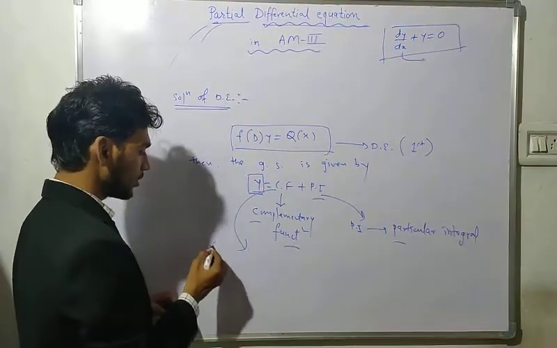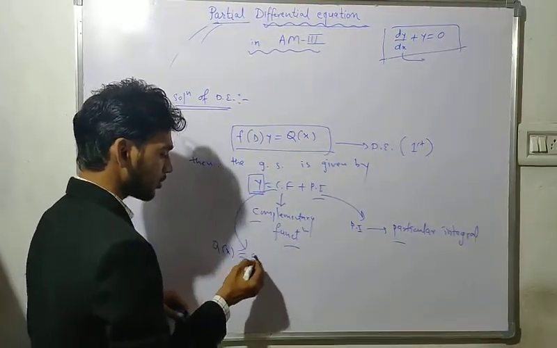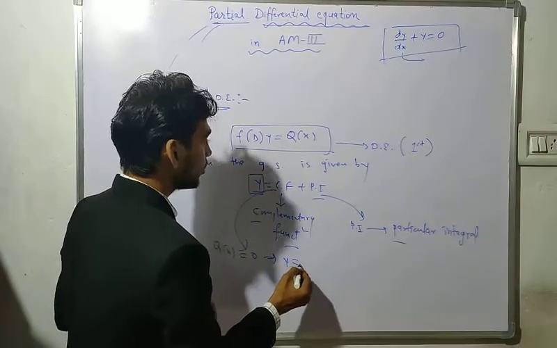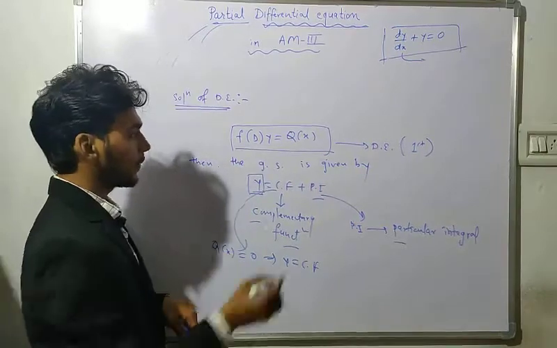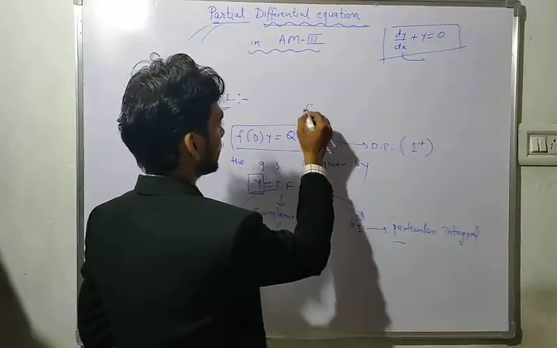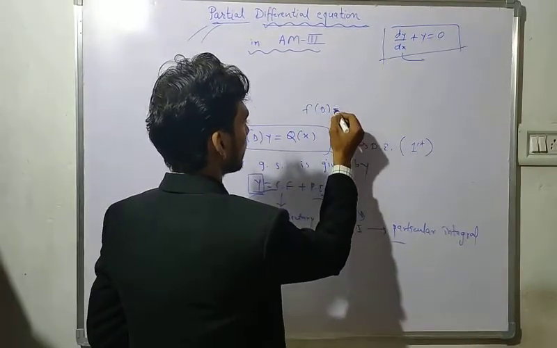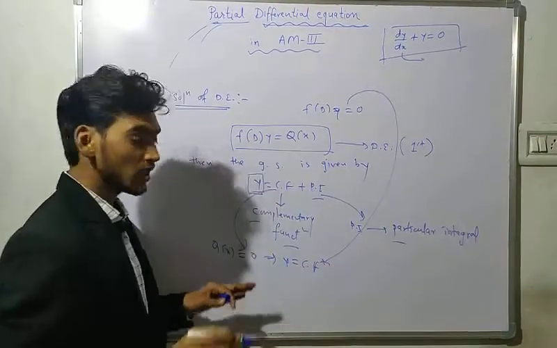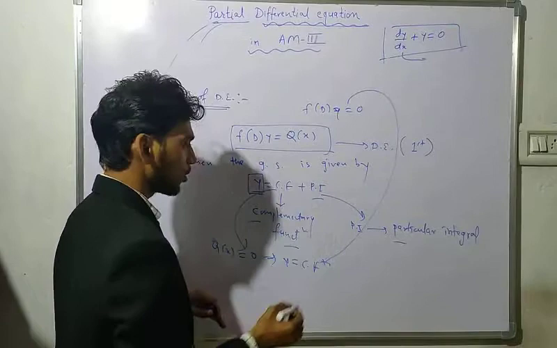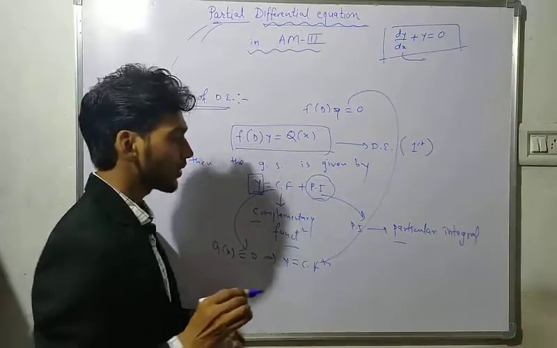If Q of x equal to 0, then y equal to only CF. In equation 1, if it is f of D into y equal to 0, then we have to find only the complementary function. That is our complete solution. No need to find PI.